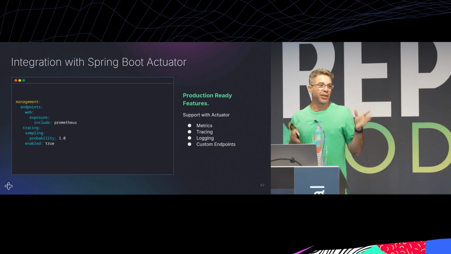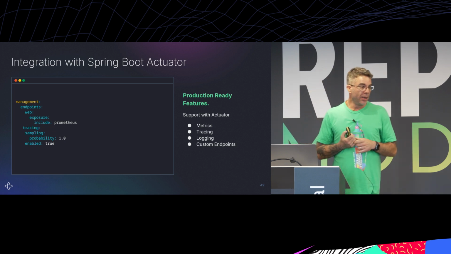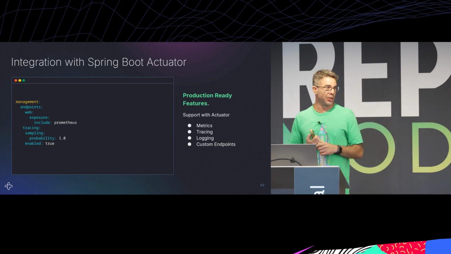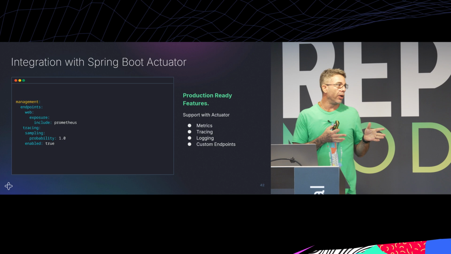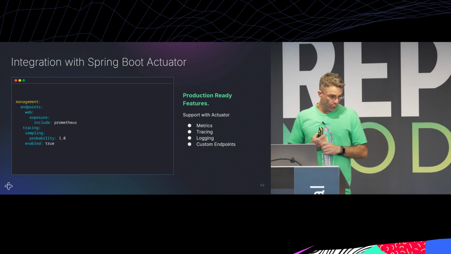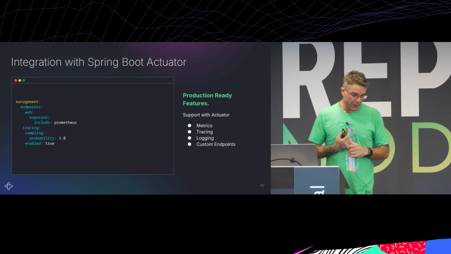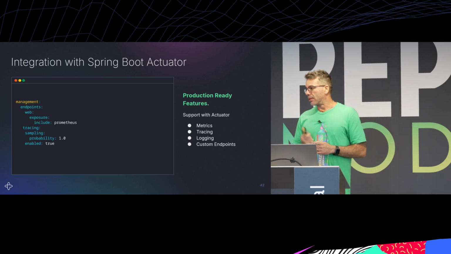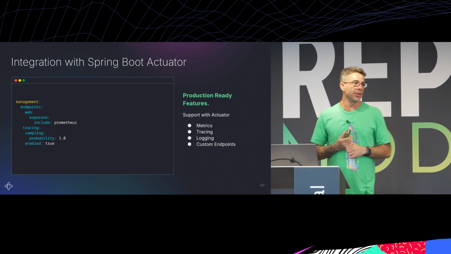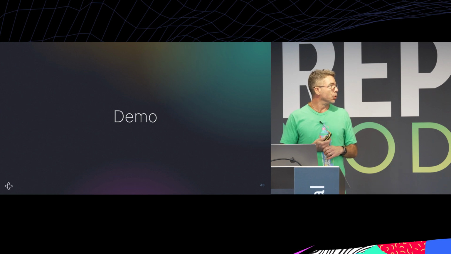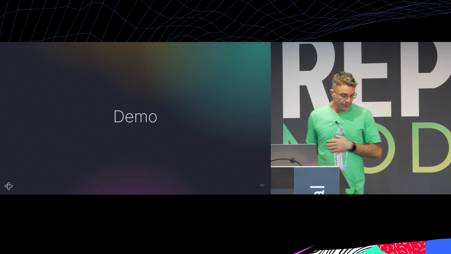Even though the Temporal SDK brings that already, it's not as easy to expose as it is, for example, in the Spring environment. So this is where we want to show off how we integrate with Spring Boot Actuator to bring all this observability, things like custom endpoints, and graceful worker shutdowns, where now we can actually use the Spring Boot functionality.